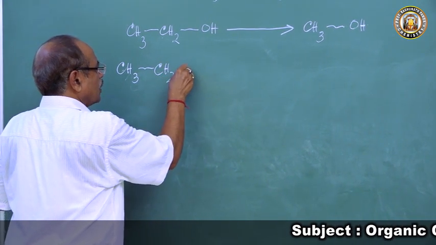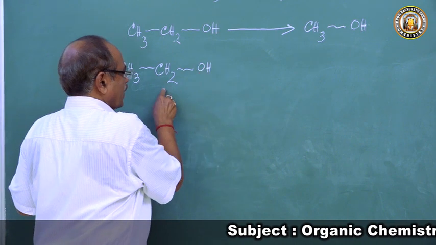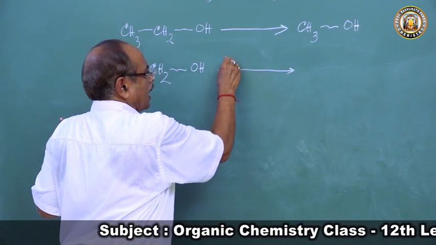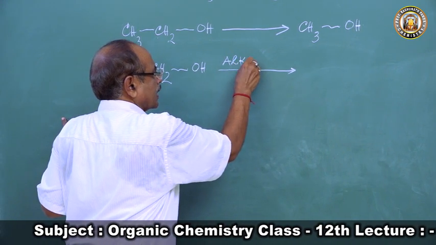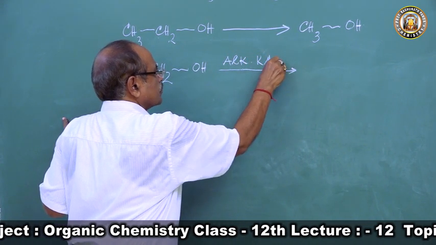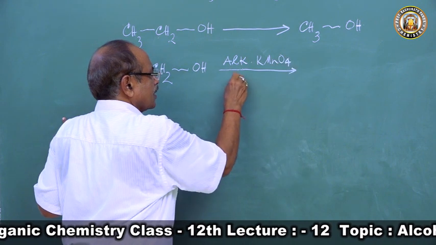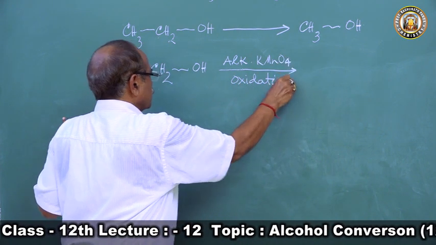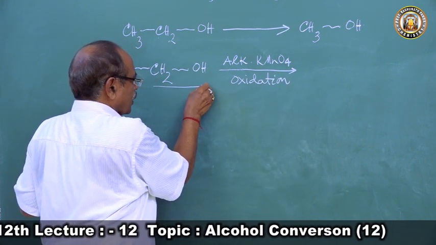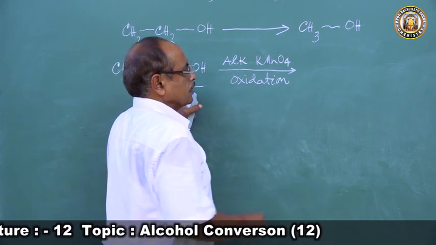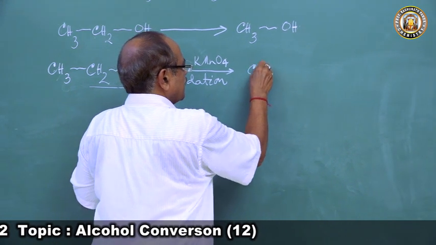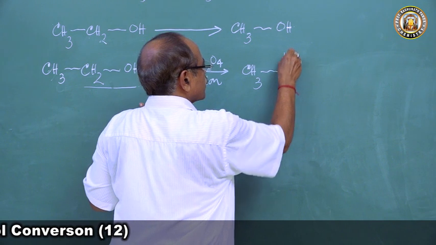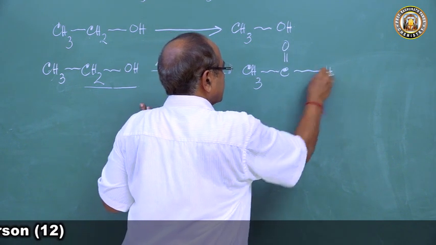So this is the way, CH3CH2OH, ethyl alcohol, a primary alcohol. We take this and treat it with alkaline KMnO4. This undergoes oxidation, so the primary alcohol gets oxidized to aldehyde. We'll get CH3CHO, this is acetaldehyde.